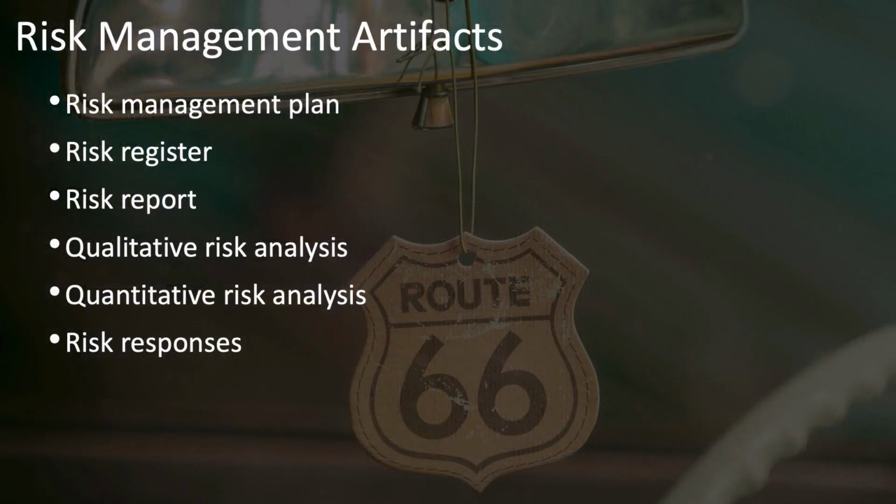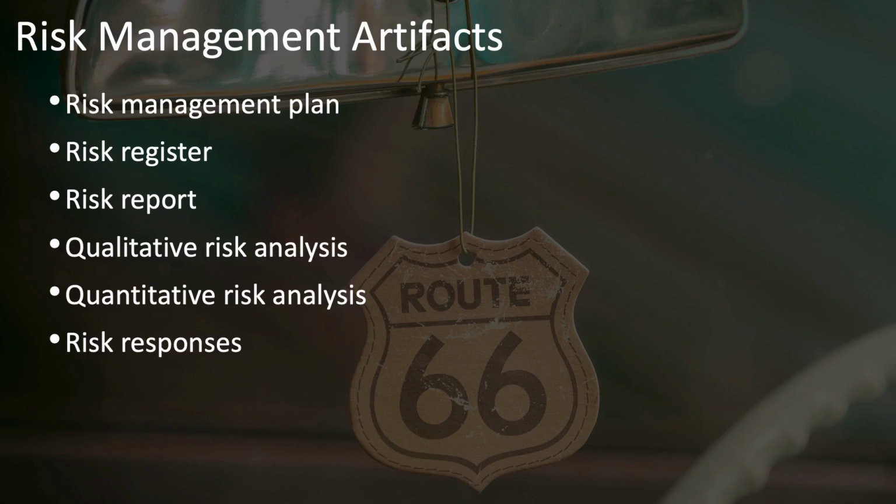And now we come to one of my favorites, the risk management artifacts. These include the risk management plan, the risk register, and the risk report, and also a few artifacts that aren't listed as documents: the qualitative risk analysis, the quantitative risk analysis, and the risk responses.